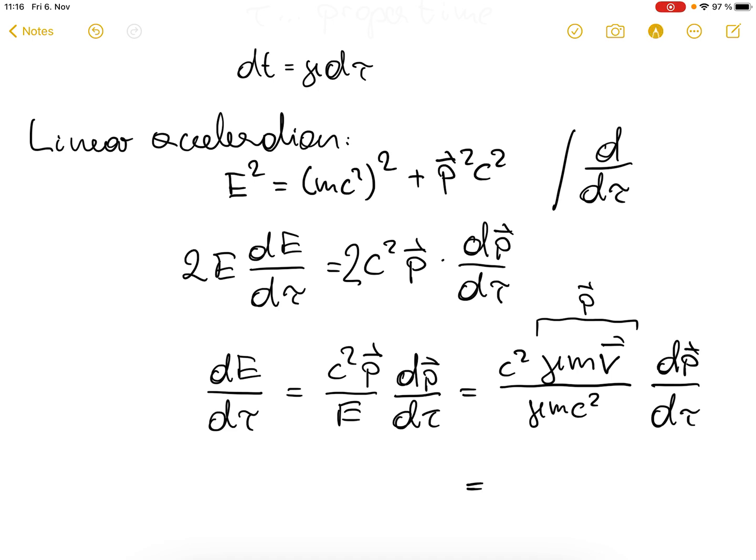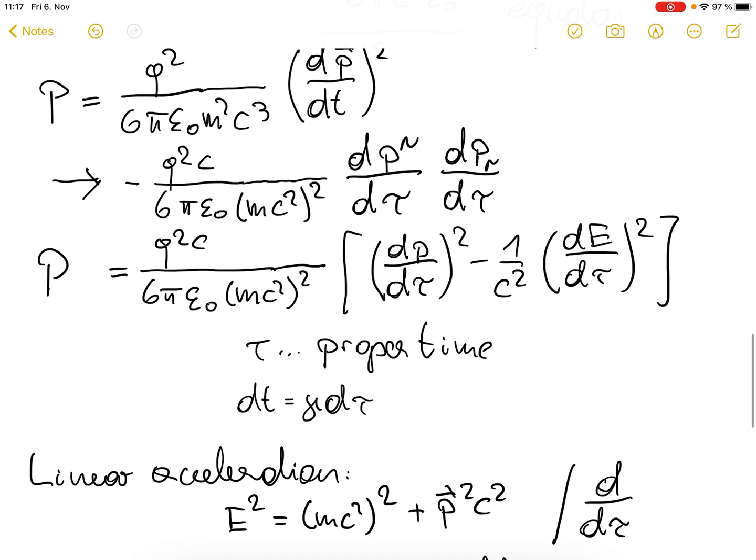And so we find that this is just v, the velocity, times dp with respect to d tau. So we now have a formula for the energy differentiated with respect to the proper time.